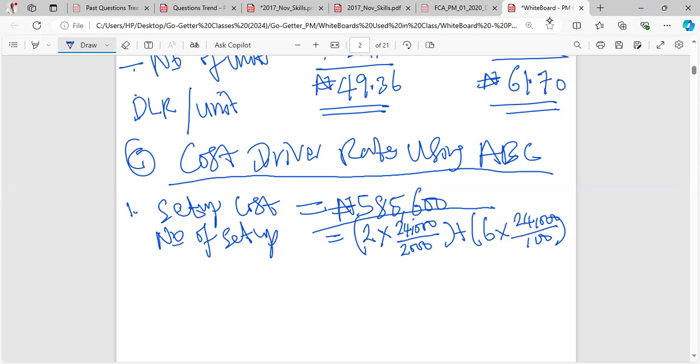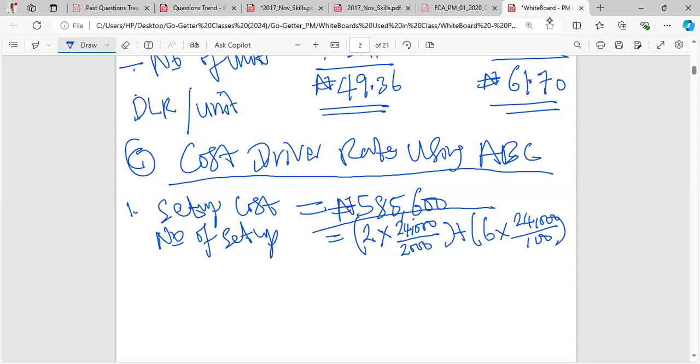I want to batch them in crates, and each crate can contain 2,000, and there are 24,000. How many crates will I bring? It means 24,000 divided by 2,000. That will give me 12 crates in the first instance.